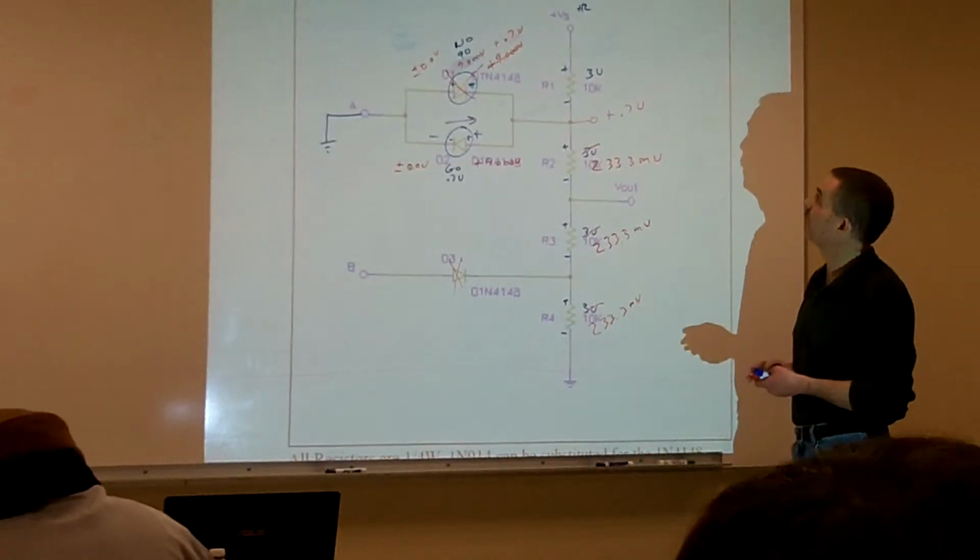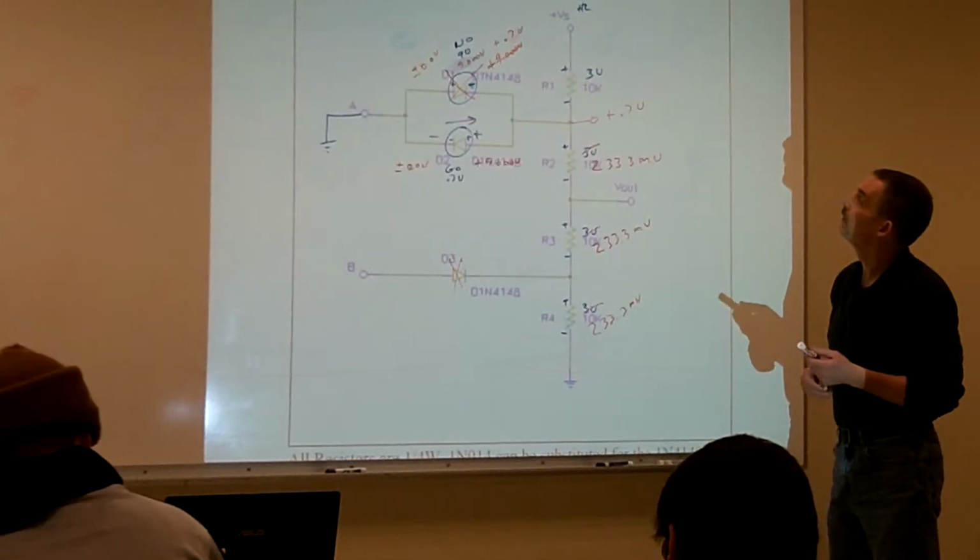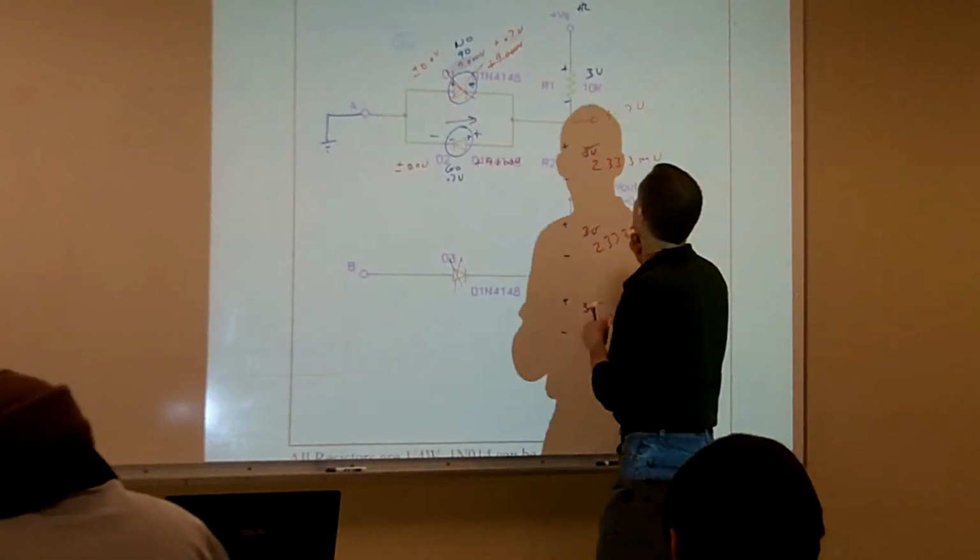How much voltage then is being dropped across R1? 11.3 volts.